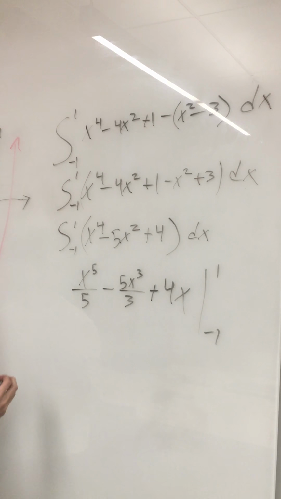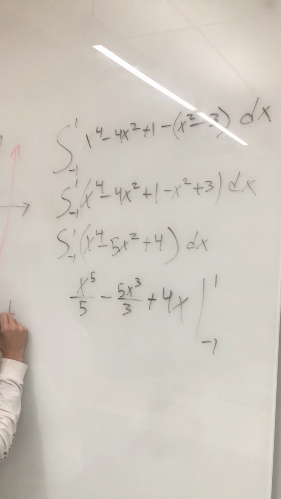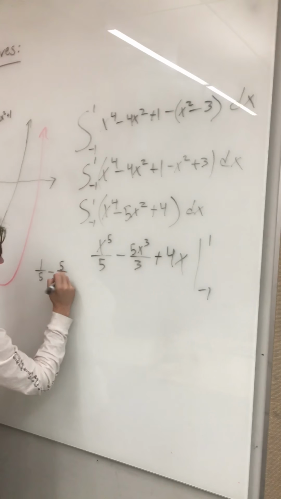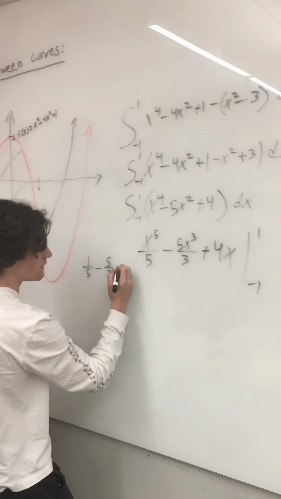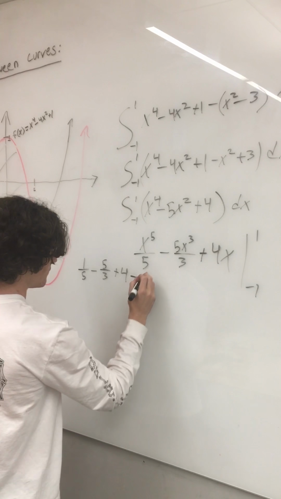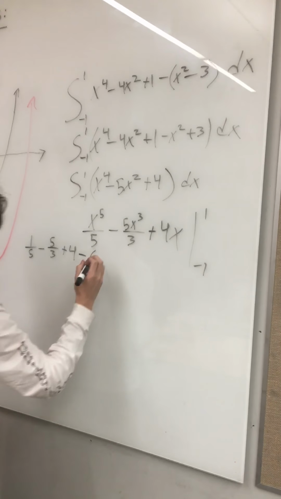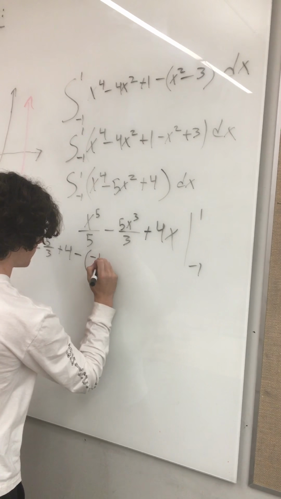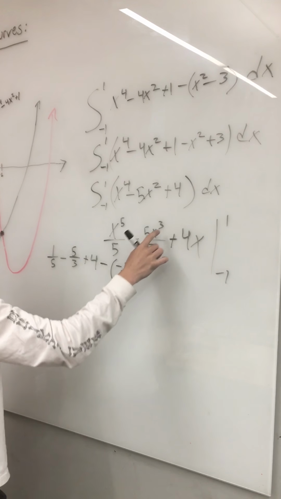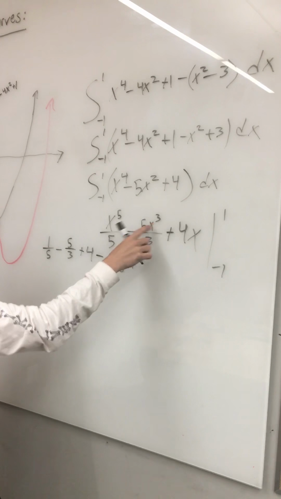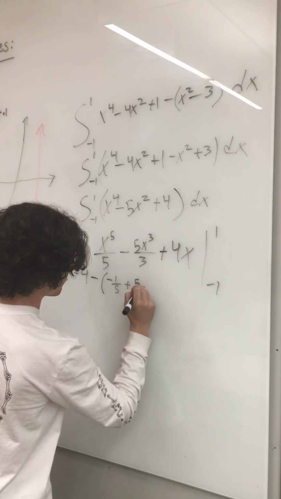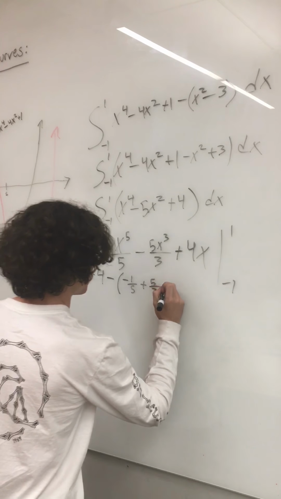So first we'll plug in the 1, so you get 1/5, and then minus 5 over 3, and then you plug in the 1 with 4x, you get plus 4, and then we're going to subtract when you plug in the -1, so we get minus 1/5 minus, or plus, because it'll be a minus here, so minus a minus becomes a plus, so we get plus 5 over 3, and then minus 4.